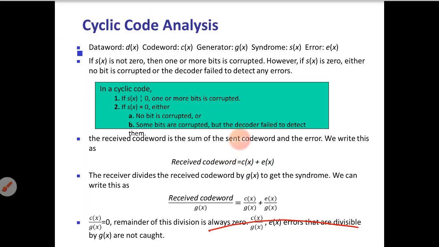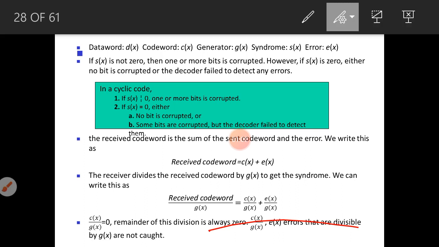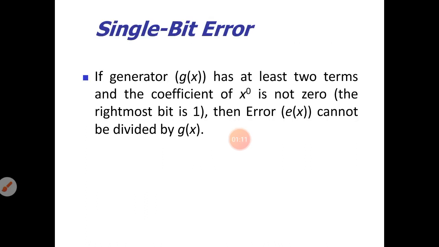Okay, next we will discuss the different types of error: the single bit error, two errors, and burst error, and how we can represent those errors in polynomial form.